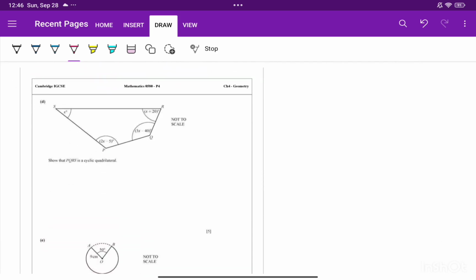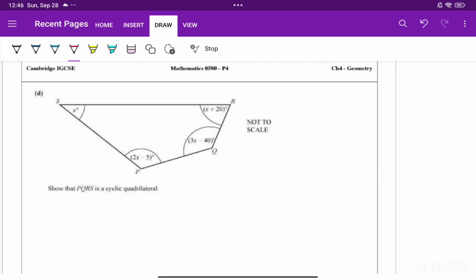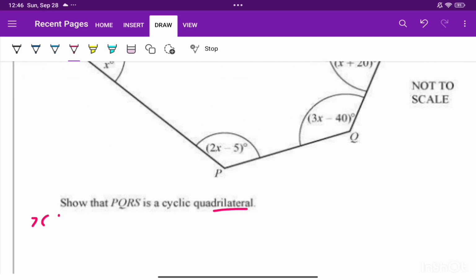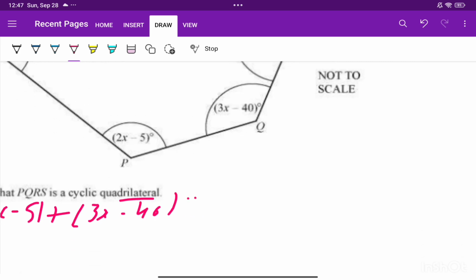Let's move to part D. Show that PQRS is a cyclic quadrilateral. Okay, so first we will find x, and we know that in a quadrilateral angles add up to 360. So we can write x plus 2x minus 5 plus 3x minus 40 plus x plus 20 equals 360.